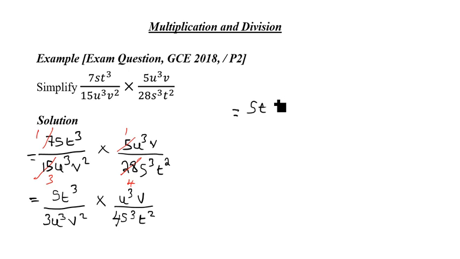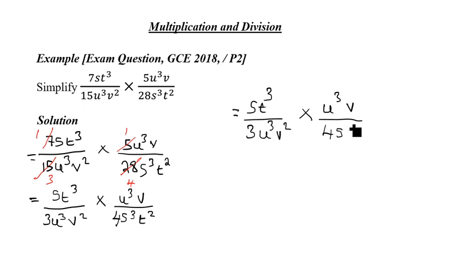So st to the power 3 over 3u to the power 3, then v to the power 2, times u to the power 3 v over 4s to the power 3, then t to the power 2.